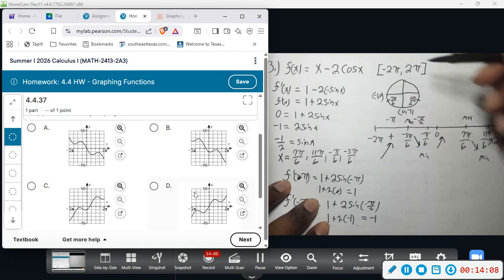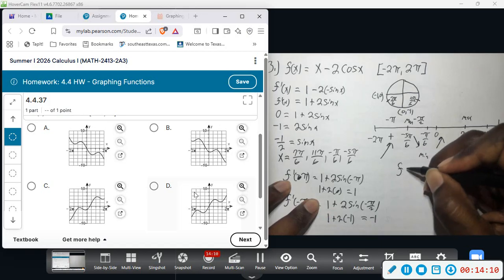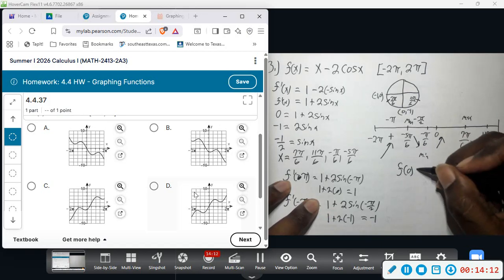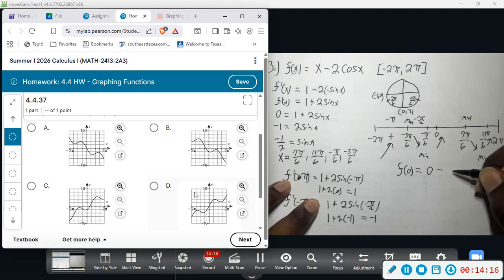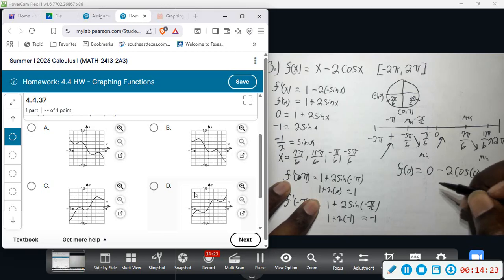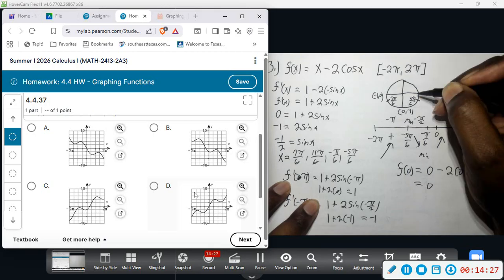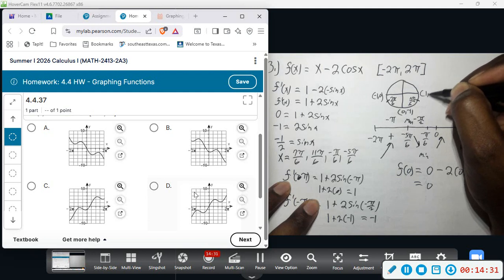So going to our original function, we're going to find f of 0, just plotting a point. The easiest way to graph a function is plotting points. Plug in 0 for x. This is going to give us 0 in the cosine of 0, so 0 pi radians. Ordered pair is 1, 0.